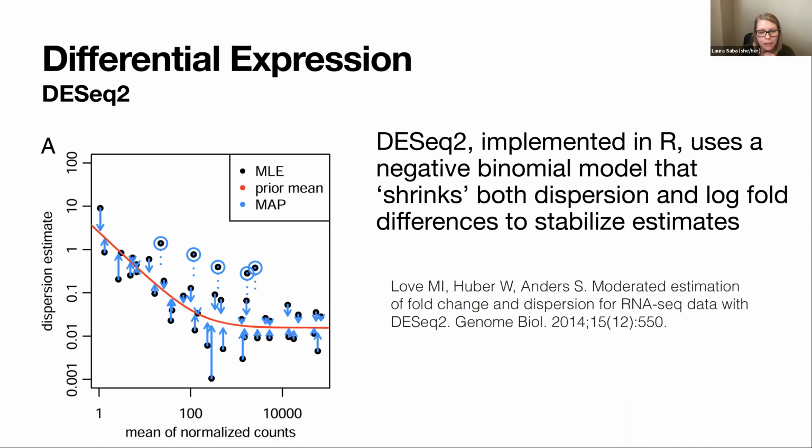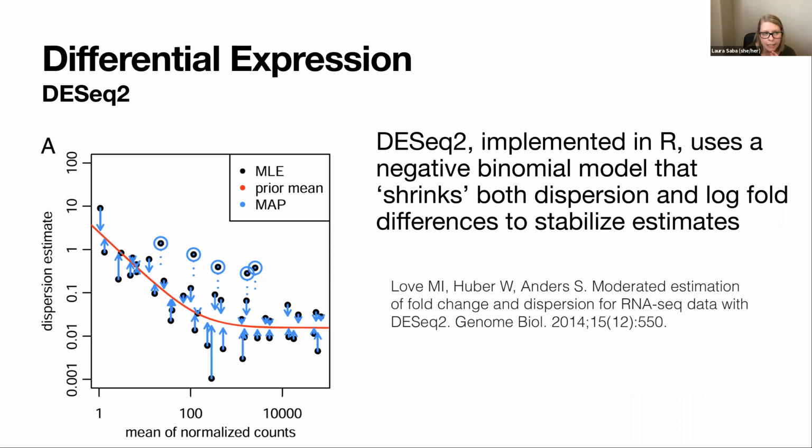One of the most popular tools, again, not one of the only tools, but one of the ones that we've had some success with in our lab applying, is DE-seq2. It uses this negative binomial model, but also uses this concept of shrinking, which helps stabilize the dispersion estimate.